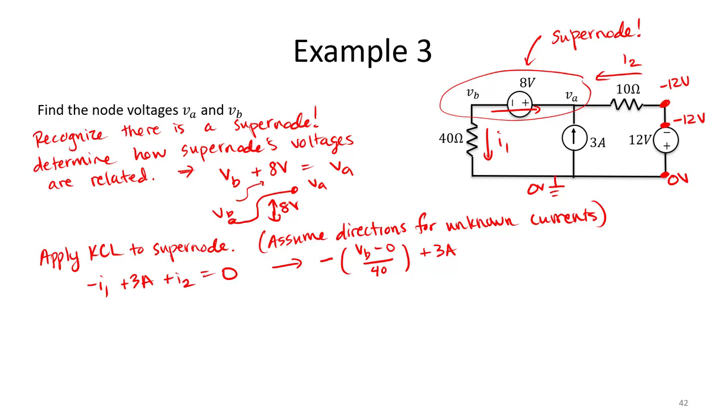So we can see that for current I2, our current I2 is just going to be negative 12 volts minus VA divided by 10, because we're assuming that we're flowing from negative 12 to VA. So here we're going to say plus negative 12 volts minus VA, because we're flowing in the direction of I2, divided by 10. So notice we have two equations and two unknowns.